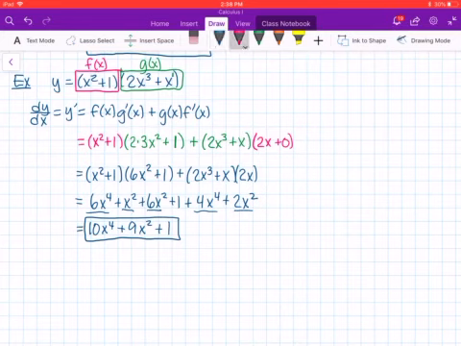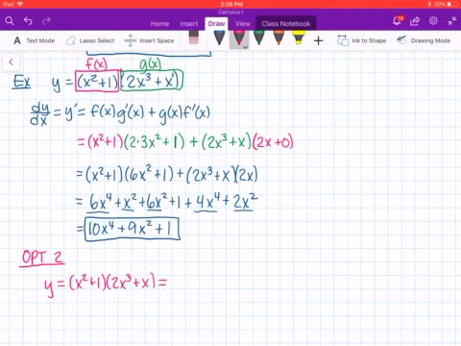Now, if you look back at originally, you see we have two binomials here, so you could expand them as well. So recall, we got y equals x squared plus 1, and so this is another way you could do it. So this is like option 2.